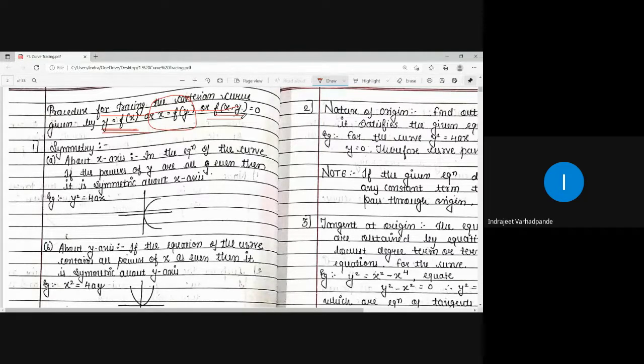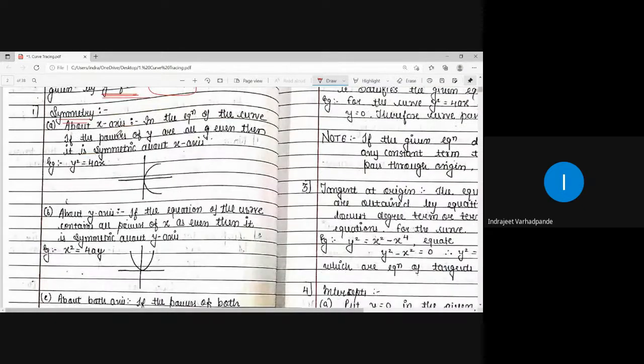We have to abide to these 7 steps for determining or drawing a given particular diagram for the given equation of the curve. Number 1, the first point to be checked is symmetry. What does this symmetry mean? This symmetry, either it will be about the x-axis, or it will be about the y-axis, or it will be about the origin, or the other option can be it is about both the axes.